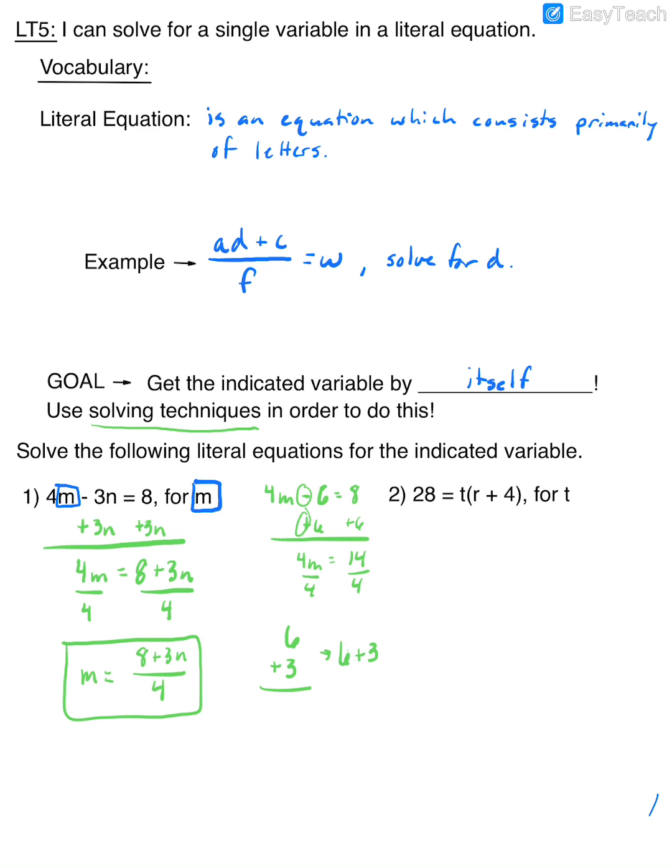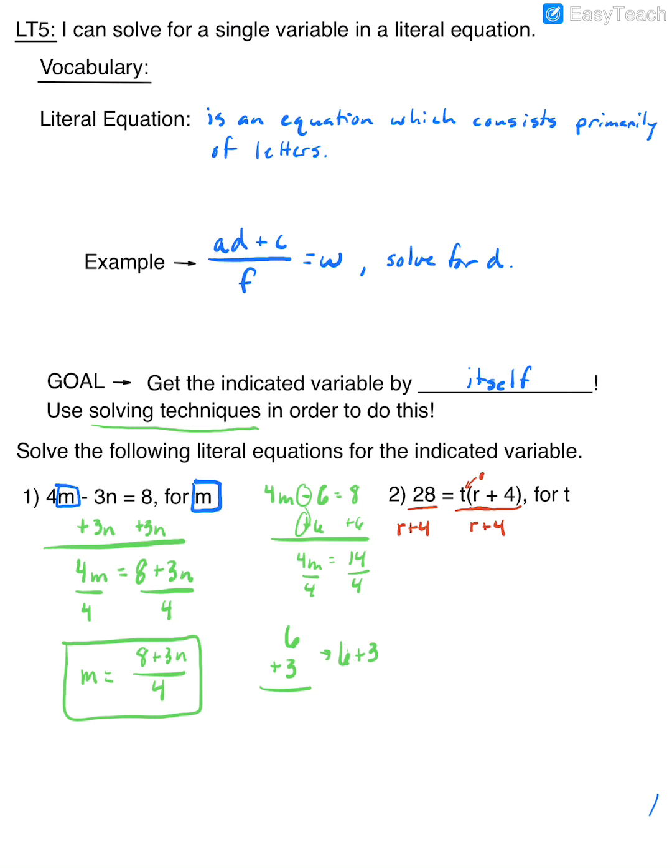So this is like saying, well, r plus 4 is all multiplying to the t, right? There's a multiplication sign in there, in between the t and the parentheses. So I would undo this by division. So I divide both sides by r plus 4. Okay?